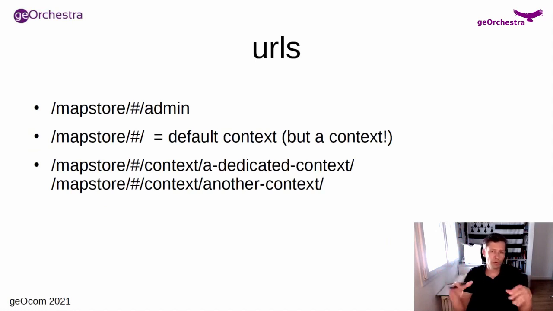When you load MapStore by default, you see a map and you see functionalities. This is already a context that admins must set up or configure. Then if you want to have another context, you create a context, and then the URL is a reflection of the name you choose for the context.